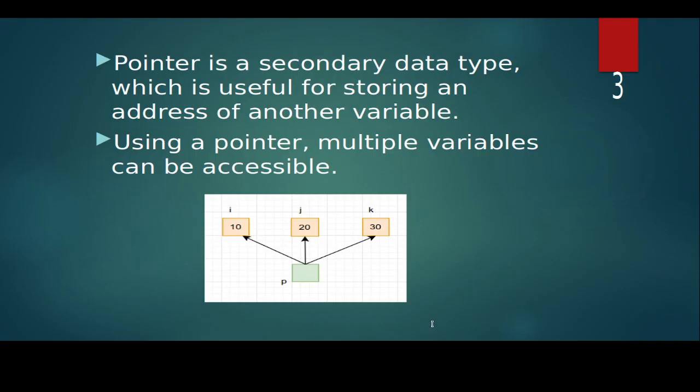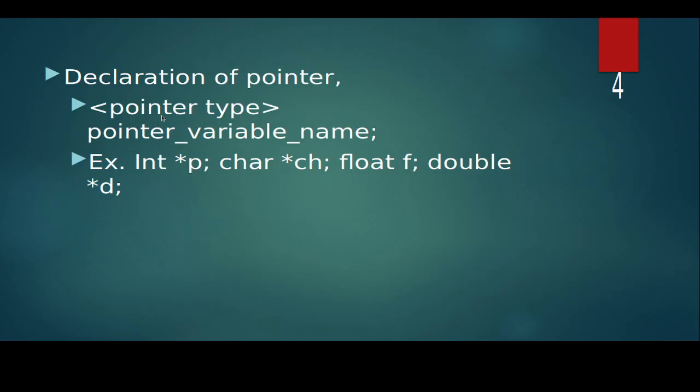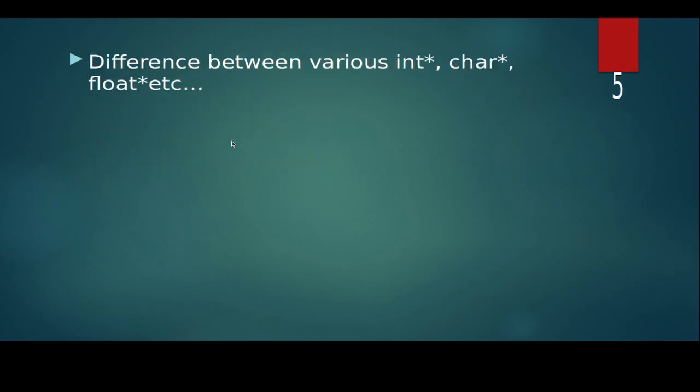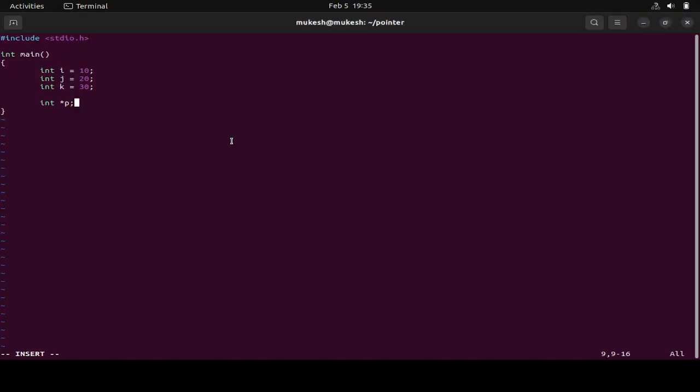See here, for this theory we are declaring three variables i, j and k, and one more variable of pointer type, p, as per this declaration. Okay, so as I explained, using pointer p we can access the data of i also, j also, k also. How?